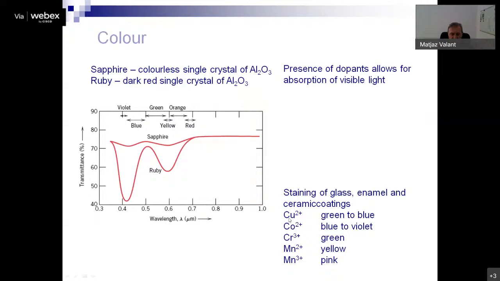So if we add copper, we'll get green and blue, cobalt blue and violet, chromium green, manganese 2+, we will get yellow glass, or manganese 3+, we will get pink glass. So that is knowledge which has been developed a very long way down in the past.